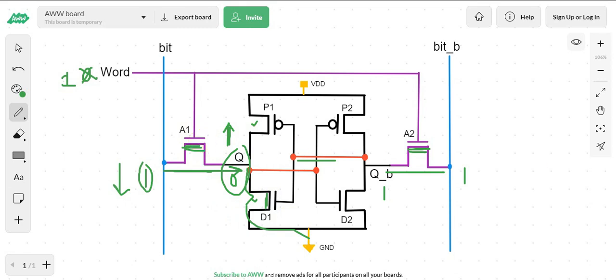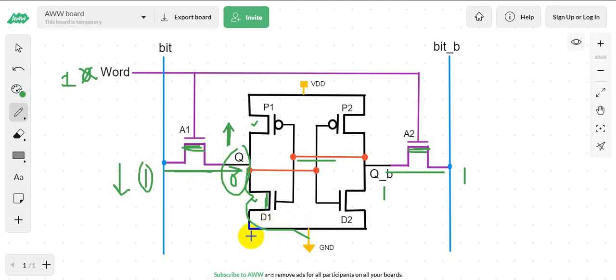So what do you think? Who should win? Let me ask you something. When you read something from your memory, do you want to change the state during the reading? Obviously no. So we have to help D1 to win, so that it will keep Q at 0. Yes, we can do that.